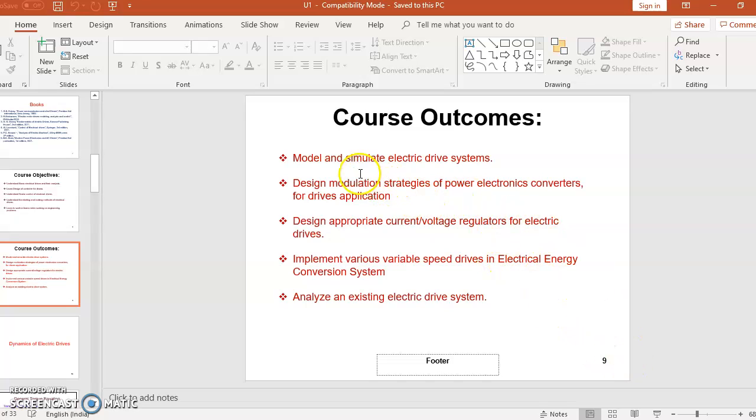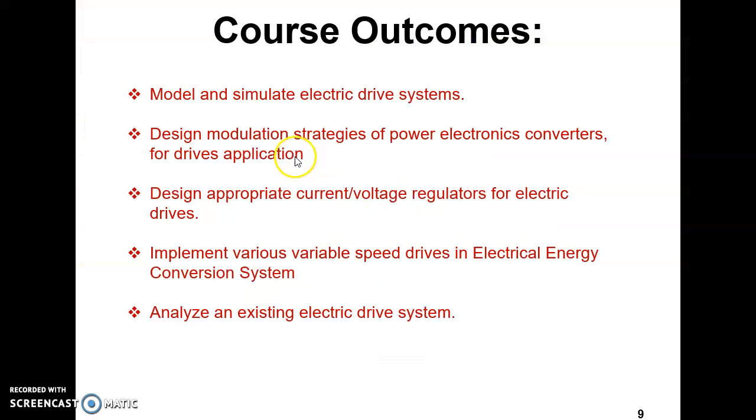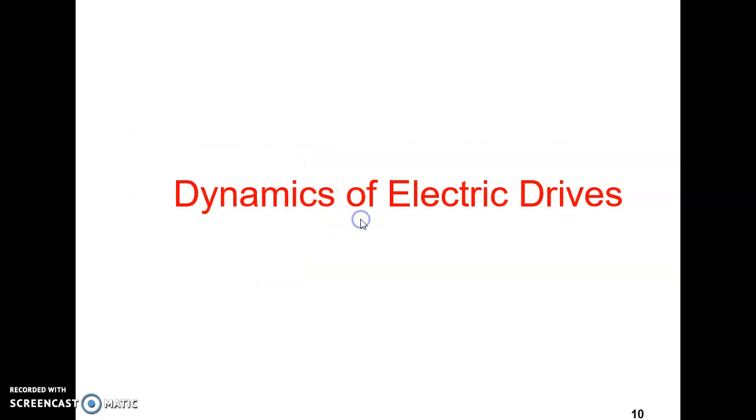After the completion of the course, you will be able to model and simulate the electric drive system, design and modulate the power electronics converters and drives, design appropriate current and voltage regulators for electrical drives, implement various variable speed drives in electrical energy conversion systems, and analyze an existing electrical drive system.